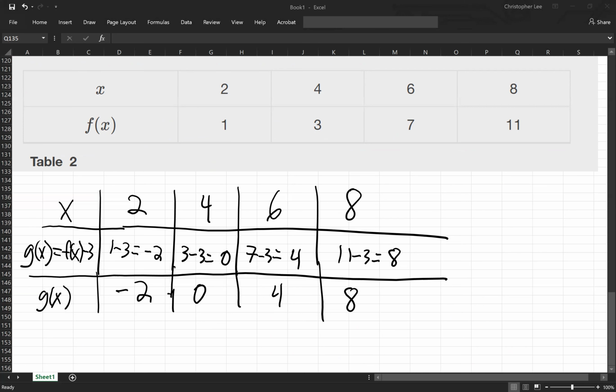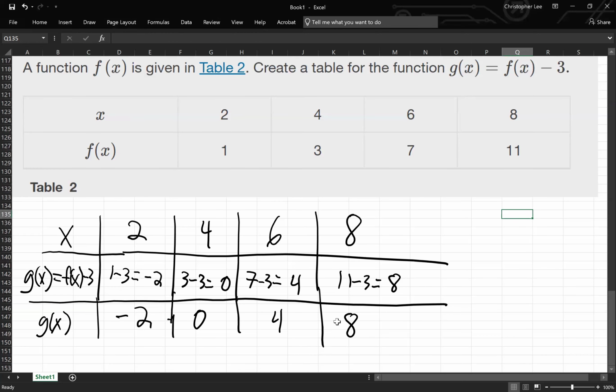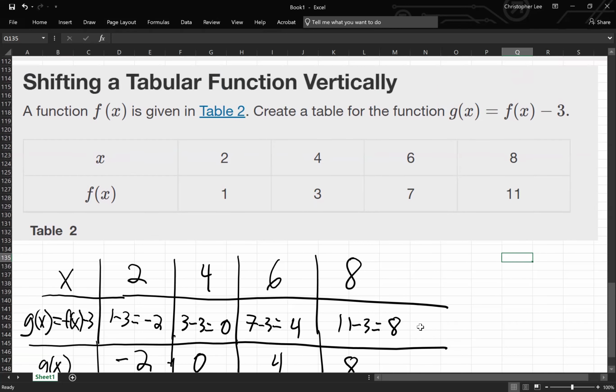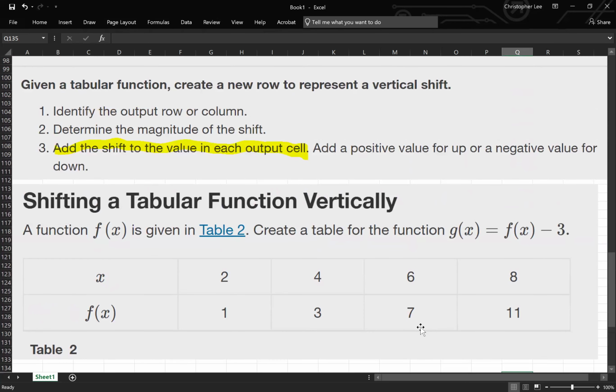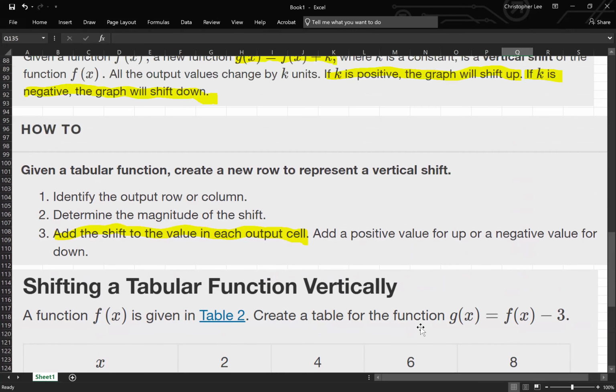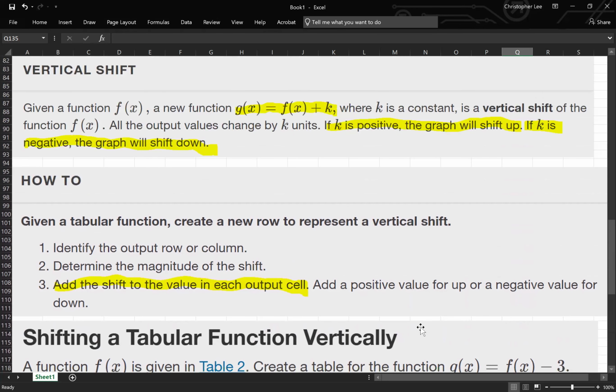Well, yeah. This one is going down because it's -3. My bad. My fault. Yeah. This particular one is just going down 3.